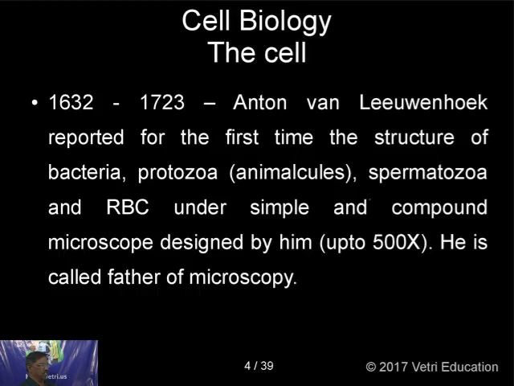The magnification you can see in the microscope: in the eyepiece you can see 10 or 20 or sometimes 15, and in the objective you have 40, 4500. Based on this you can see the magnification. For example, if the eyepiece is 20 and the objective is 40, you multiply 20 by 40 to get the magnification. Like that, up to 500 power he observed spermatozoa, RBC, bacteria and protozoa.